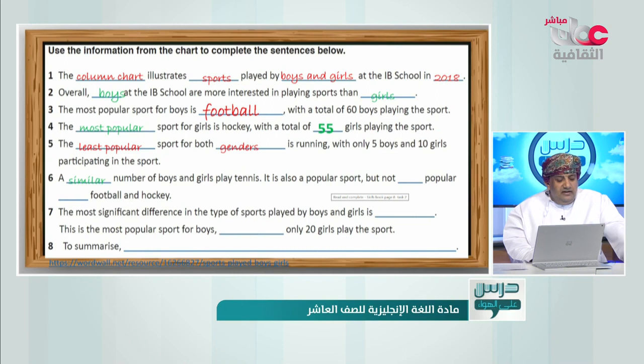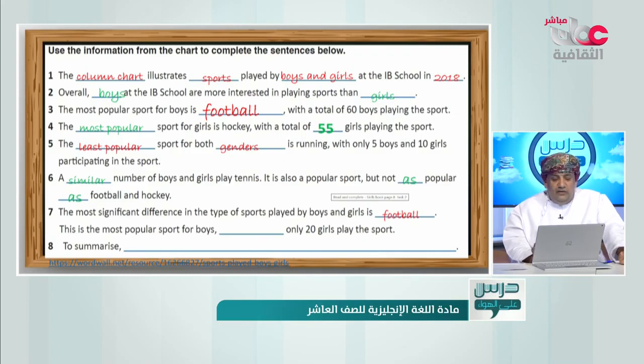A similar number of boys and girls play tennis. It is also a popular sport, but not as popular as football, as hockey. The most significant difference in the type of sport played by boys and girls is, what is the most popular sport?